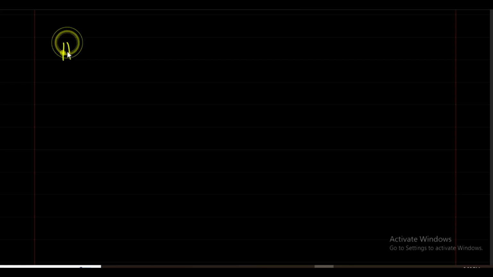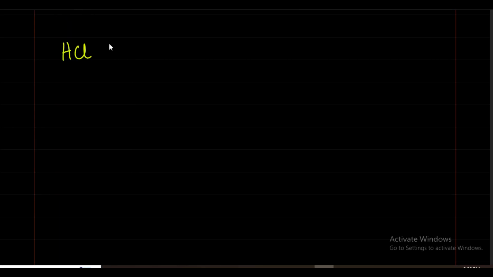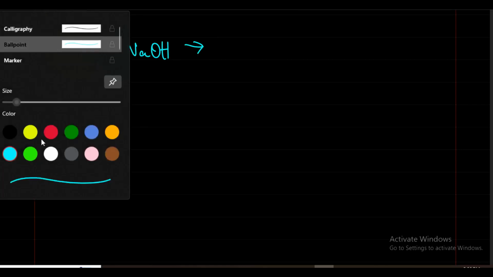If I have HCl plus sodium hydroxide, we know which one is an acid and which one is a base. What is going to happen here?